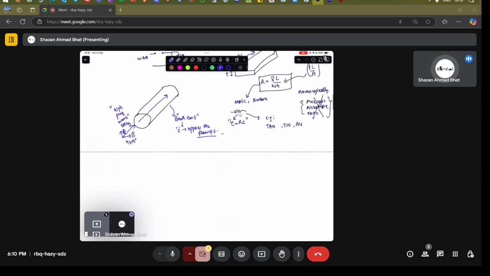Okay, now as a result, there is a gradient, or I should say, the current starts to flow more towards the periphery of this wire rather than towards the center of this wire, so that you have more of the current flowing through this periphery rather than near the center. So this will be the distribution of the current flow. So the flow of the current is through the periphery of the device.